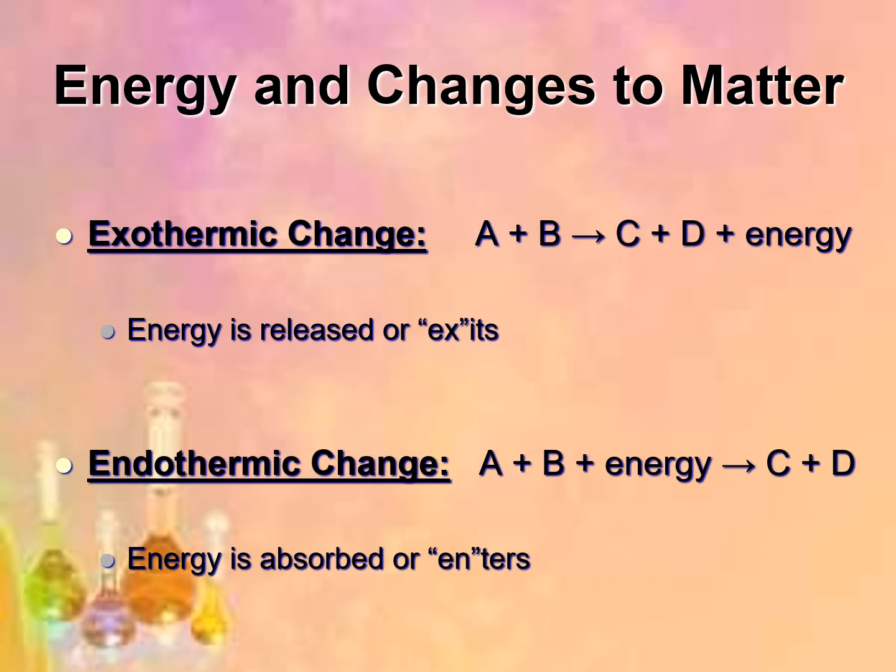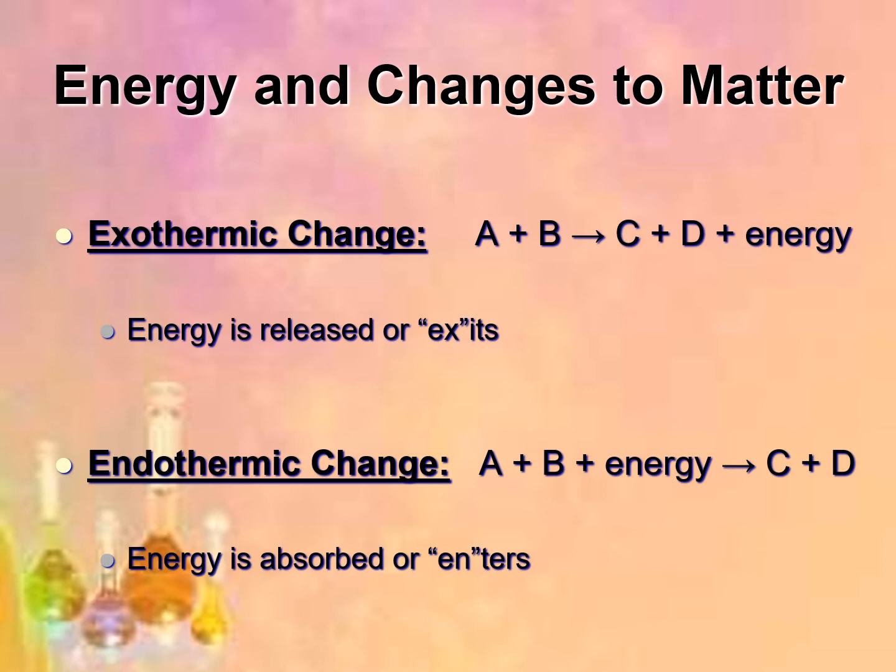Exothermic change, class, is when energy is released, or the phase changes occur when the energy is released, and that is by the presence of exothermic change. To simplify it, let's put it in a symbol.